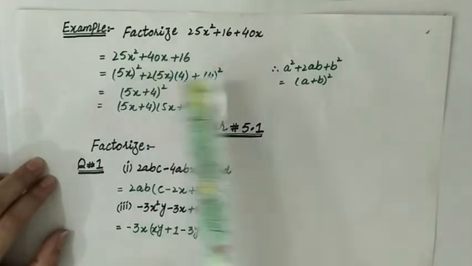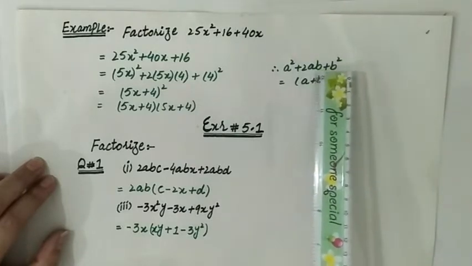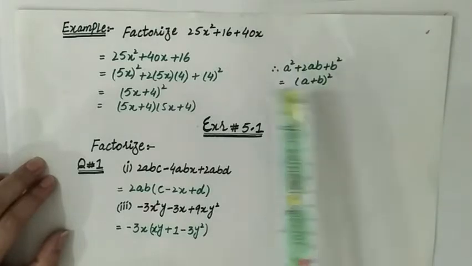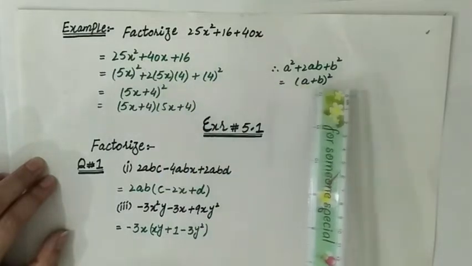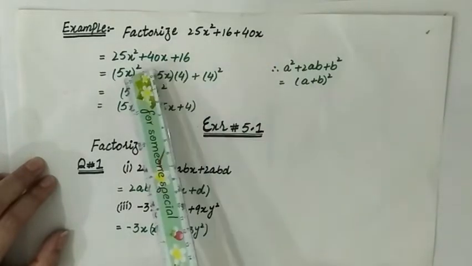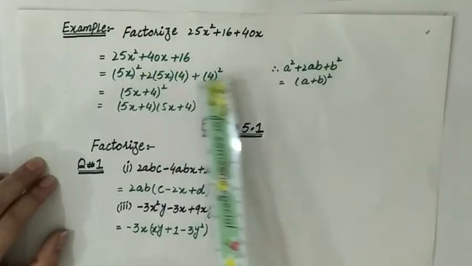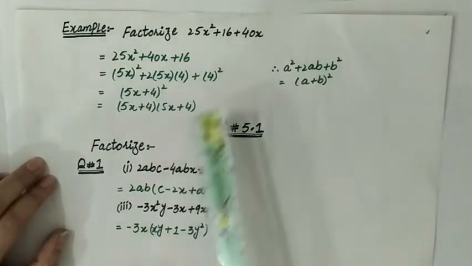Now according to this formula, a square plus 2ab plus b square is equal to a plus b whole square. So we will close this into a plus b whole square. Here a is 5x and b is 4, so we will write it as 5x plus 4 whole square.